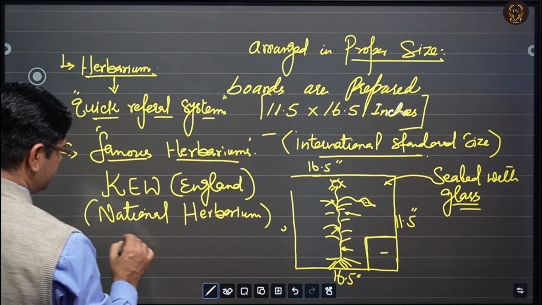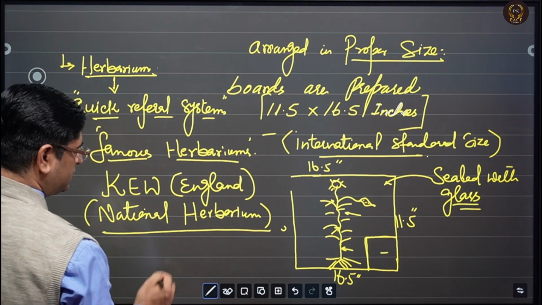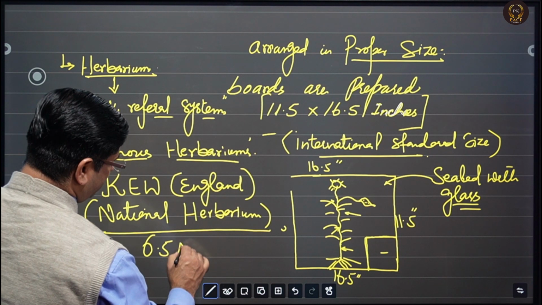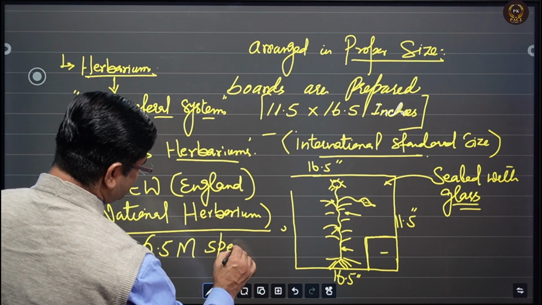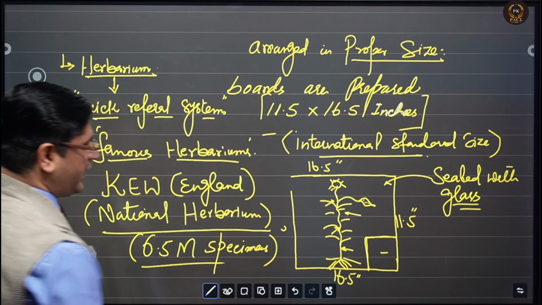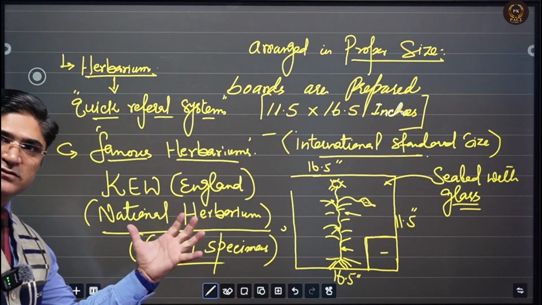In Kew, England, there is a national herbarium center which contains on an average 6.5 million specimens. 6.5 million specimens are preserved over there.